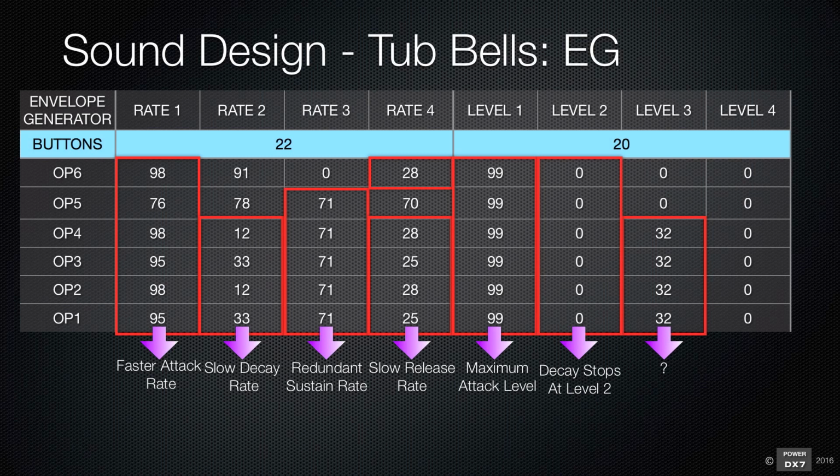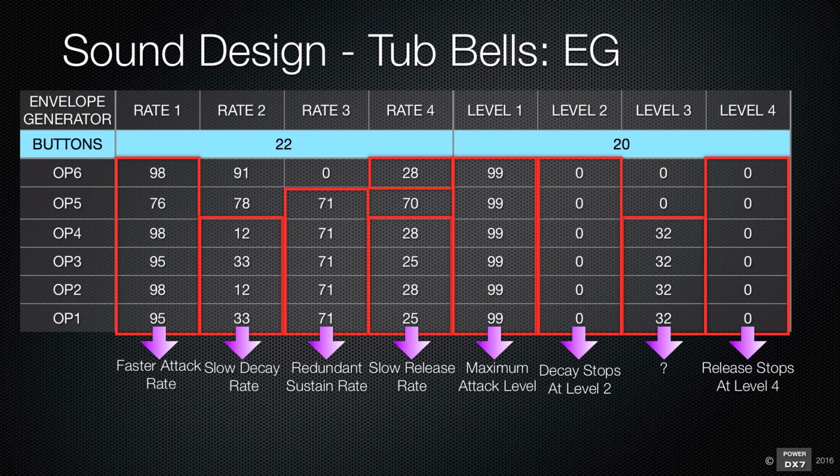For operator 5, it has a quicker release, so a sound stops instantly when you release a key. Level 4 for all operators is 0, so there is no continuous sound generated after a key is released.